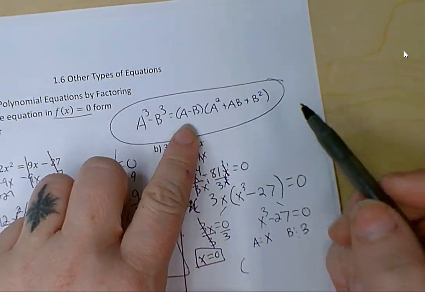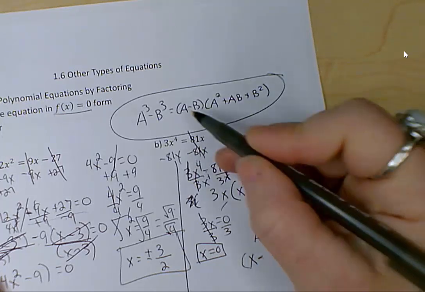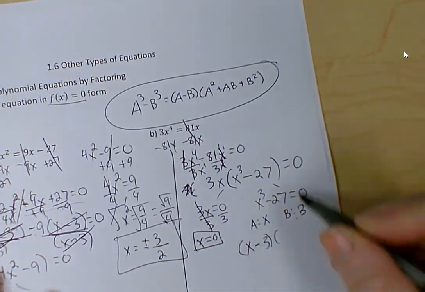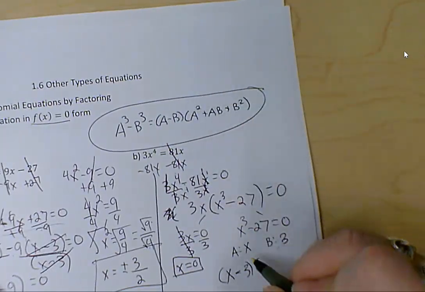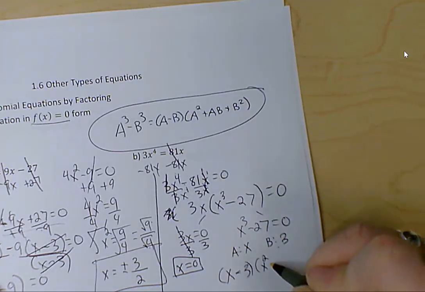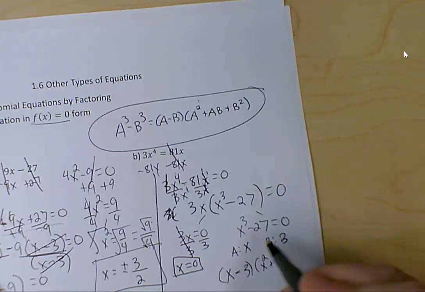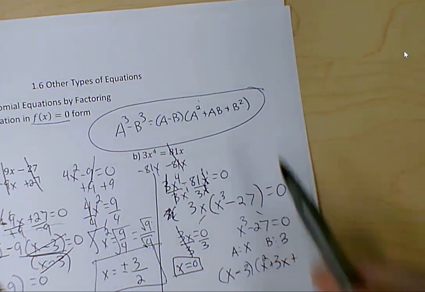The difference of cubes says to take a minus b. A is an x, minus is part of the formula, b is 3. Our trinomial says to take a squared, which will give us x squared, plus a times b, x times 3, 3 times x is a 3x, plus b squared.